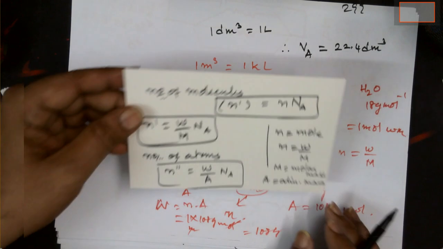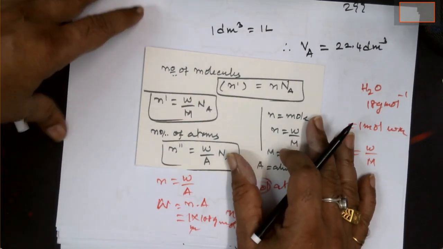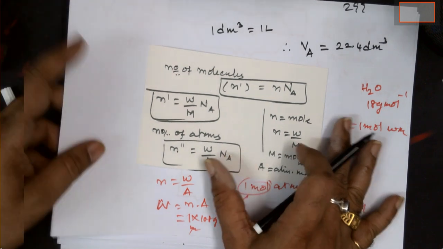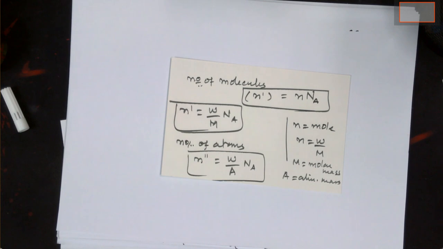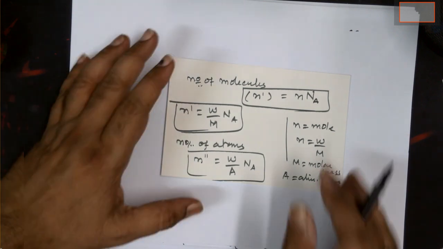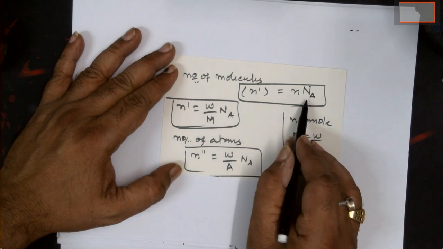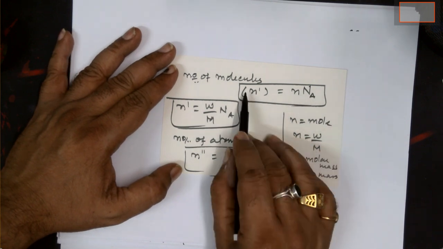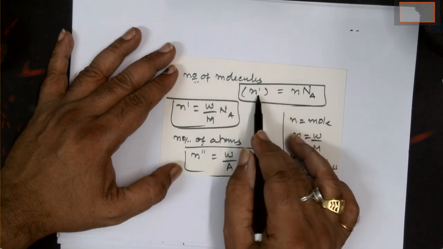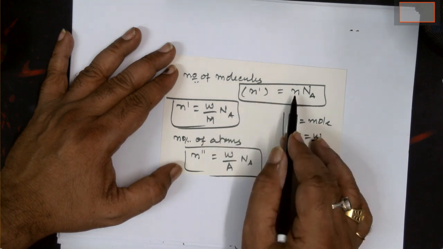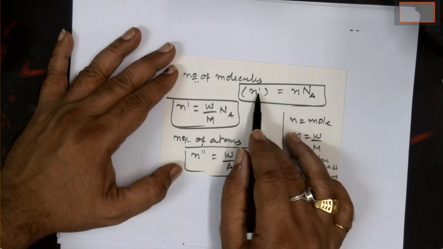Do you understand this? Then let us consider the number of molecules. How to count the number of molecules? You can count the number of molecules present in a given mole using this equation. We represent the number of molecules as N dash, because we already identified N as number of moles, so to distinguish it from mole, we use N dash.